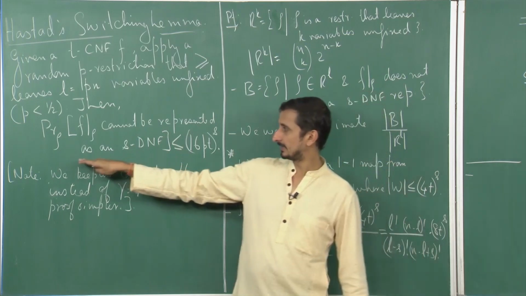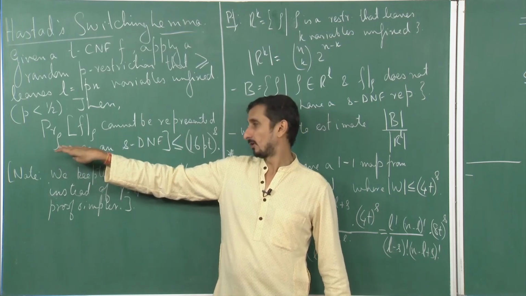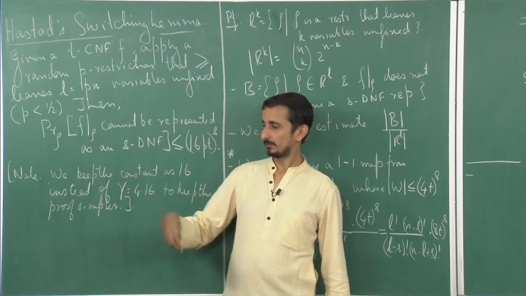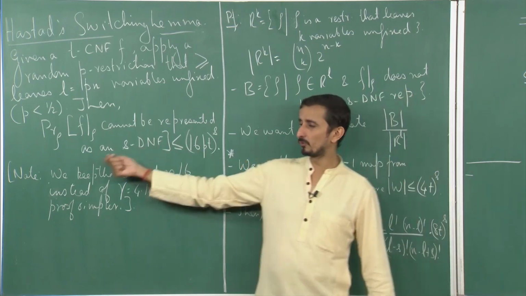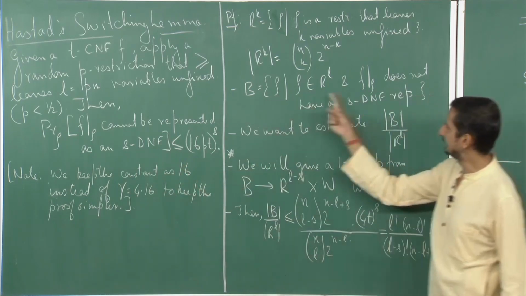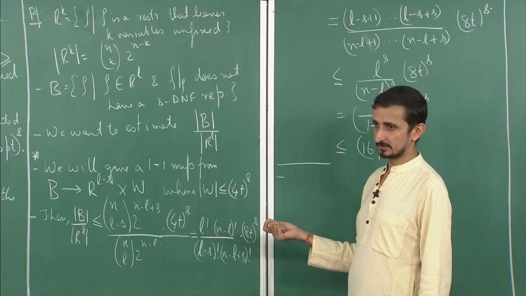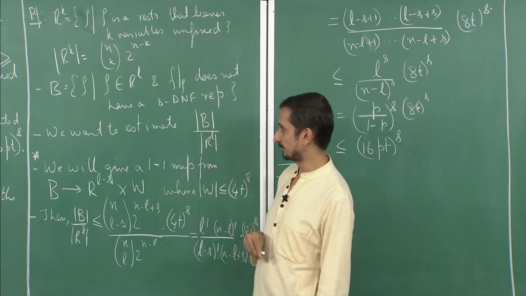Basically the number of rows which are bad divided by the total number of possibilities for row is this. So if I choose a row randomly, the probability that it is bad is at most this. I am just estimating exactly that probability over here. R to the power L is the set of all restrictions that leave L variables unfixed, and B is the number of bad restrictions as a subset. Okay. So B is basically a subset of R to the power L.